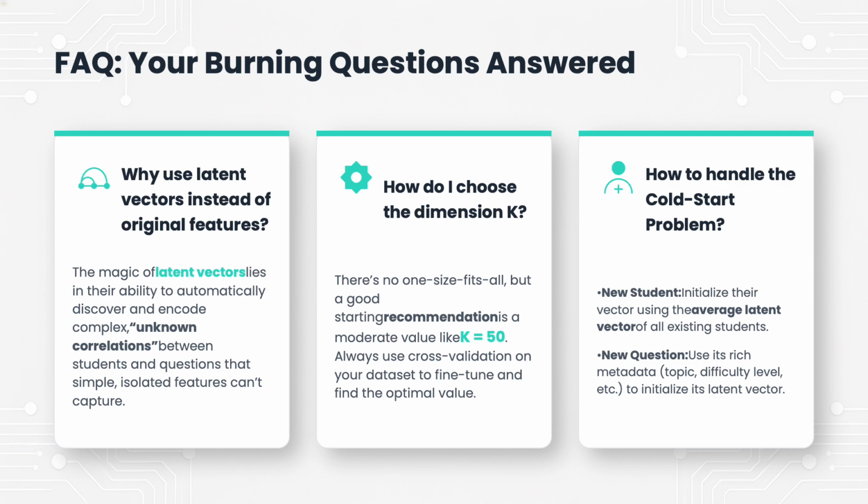A good starting point is around 50, and then you test different values to see what works best for your data. And finally, the cold start problem. How do you handle a brand new student or a brand new question? For a new student, you can start them off with the average student vector. For a new question, if you have information about it, you can use that to give it a sensible starting vector.